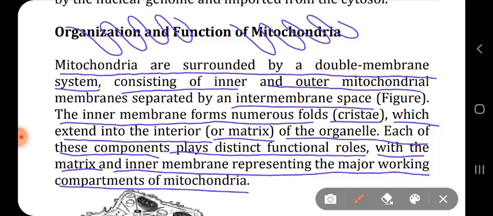So the major function of the mitochondria is performed by the inner membrane and the matrix. That means the interior part of the mitochondria perform the main functions.